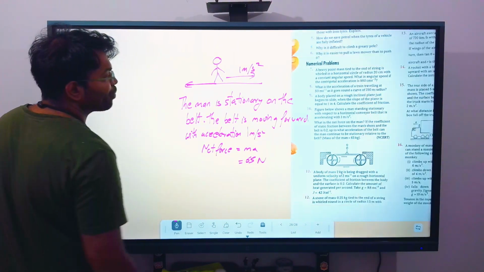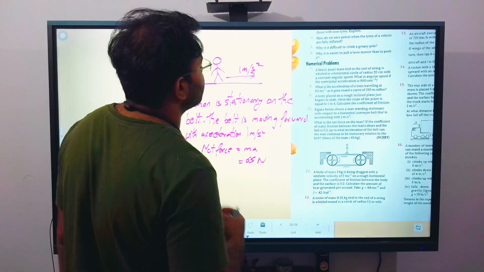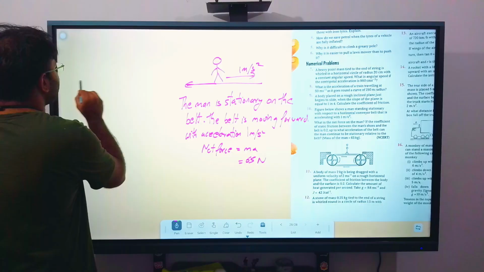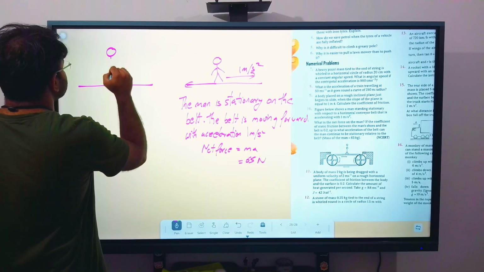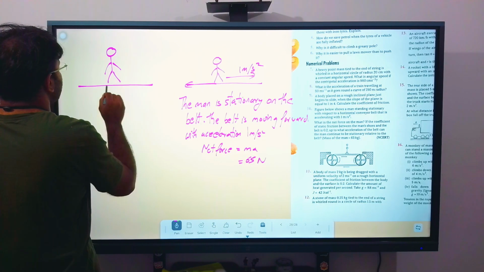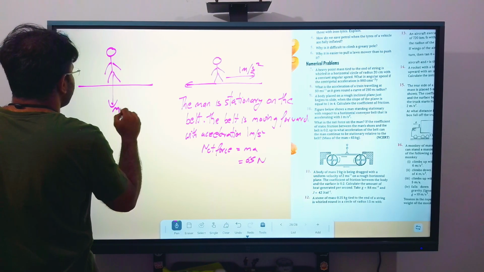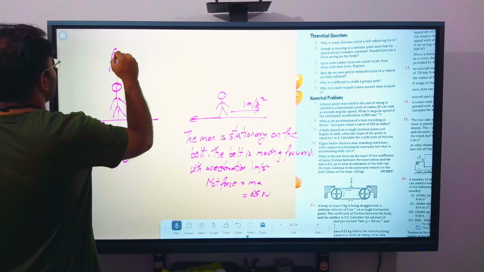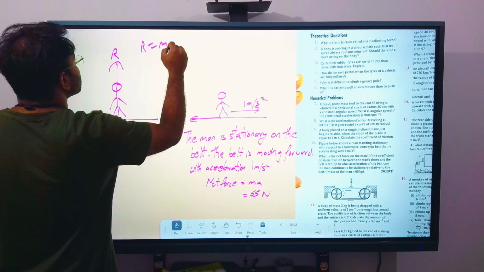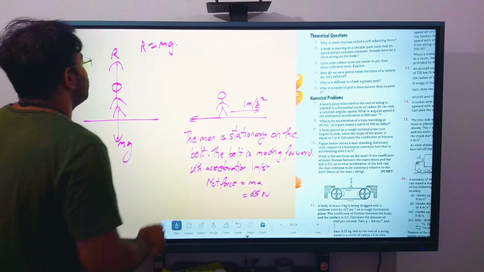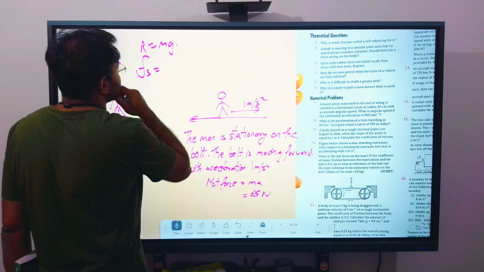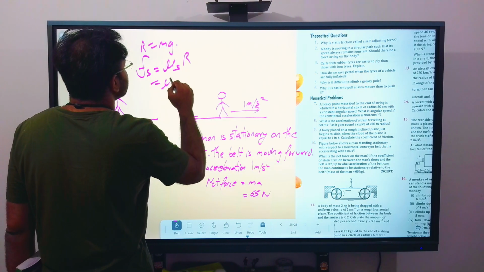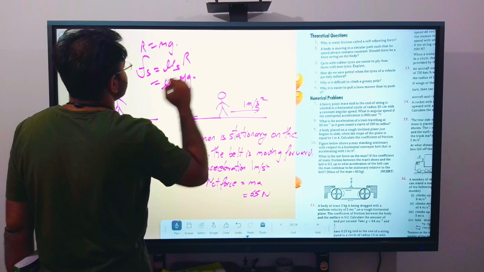Okay. So, if the coefficient of static friction between the man's shoes and the belt is 0.2, the man is standing here. So his weight is mg. Since he's not moving in any vertical direction, R is equal to mg. And we know that static friction is equal to mu s R, which is mu s mg.